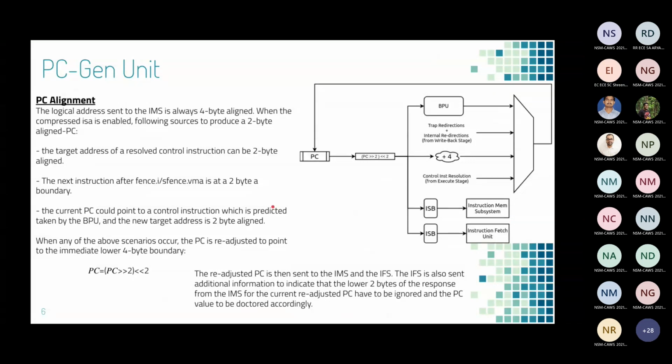Now, in our implementation, we've made slight assumptions. We made the assumption here that the instruction memory is always going to expect a 4-byte boundary address, right? The address is always aligned to 4 bytes. So when you have compressed enabled, there are two changes that can happen. One, you need not always increment by 4.